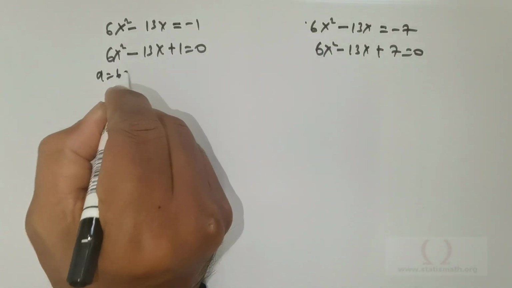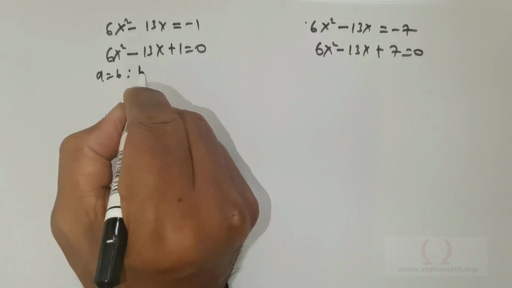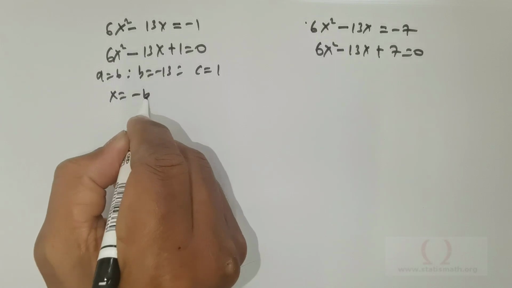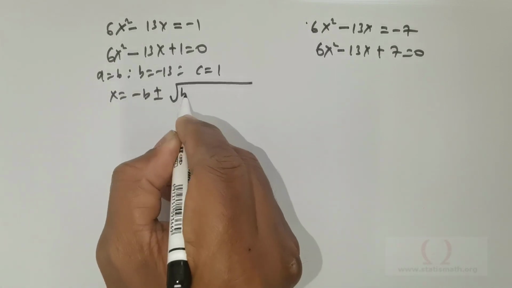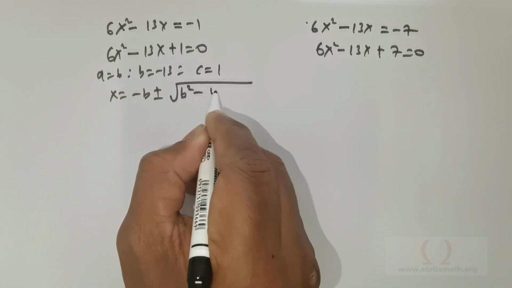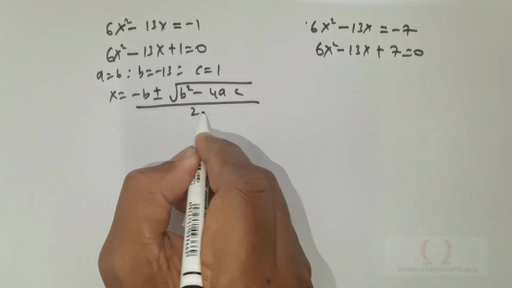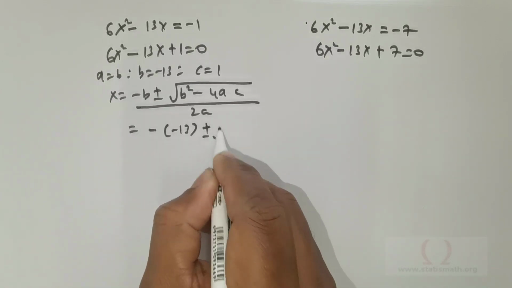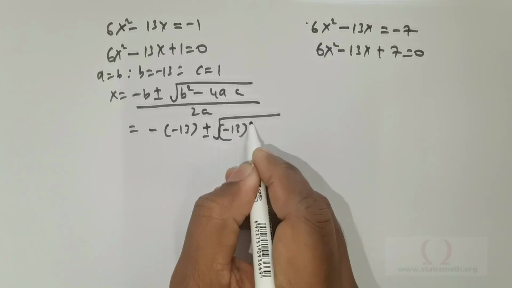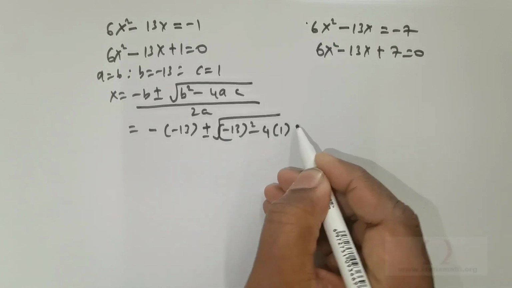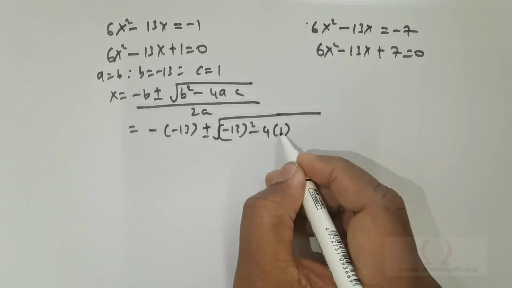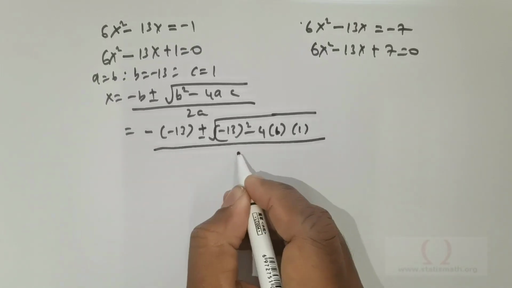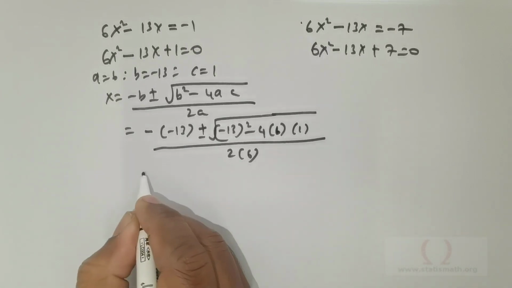I'm going to use the quadratic formula. a is equal to 6, b is equal to −13, c is equal to 1. x is equal to negative b plus or minus root of b² − 4ac divided by 2a. This is negative of −13 plus or minus root of (−13)² − 4 times 6 times 1 divided by 2 times 6.